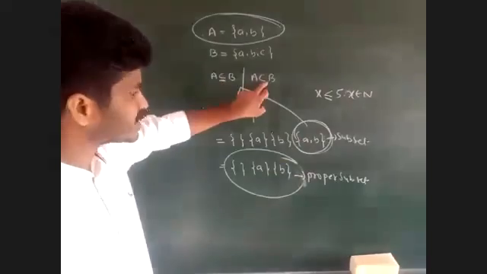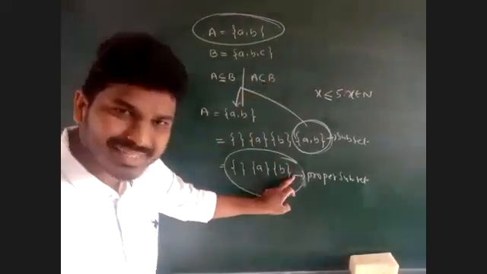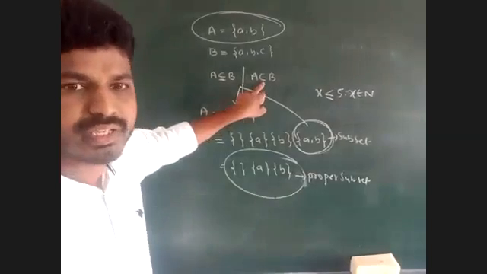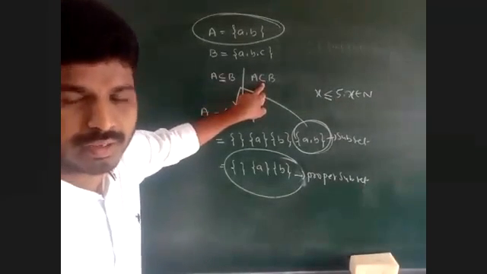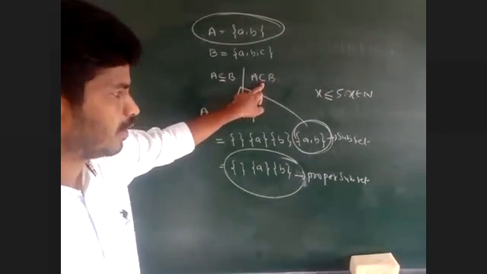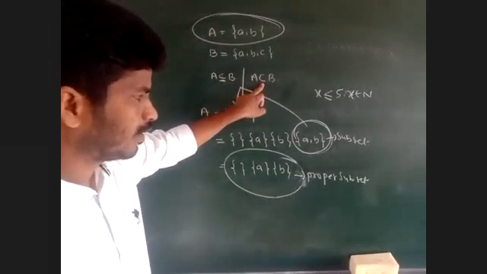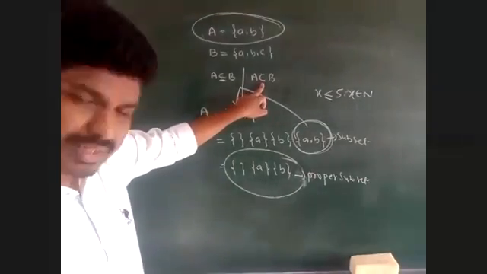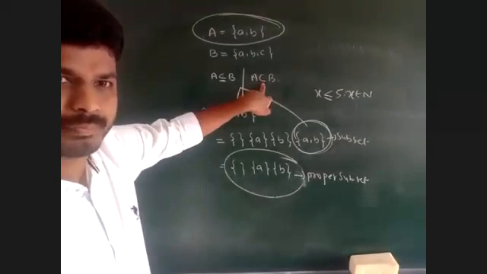In a proper subset, we should not take itself, that's why there is no equal to symbol on the downside of the subset symbol. Is it clear? No problem, I will explain one more time also. Is it clear? Yes, sir.